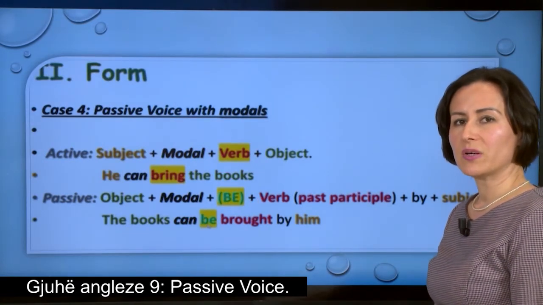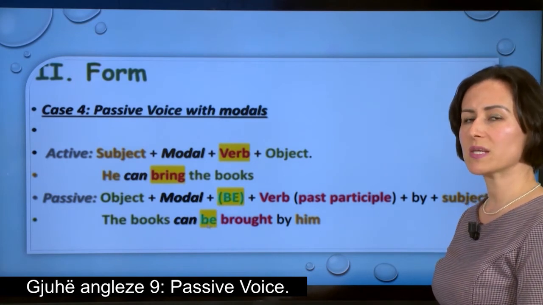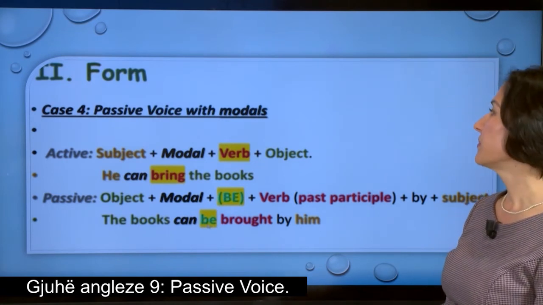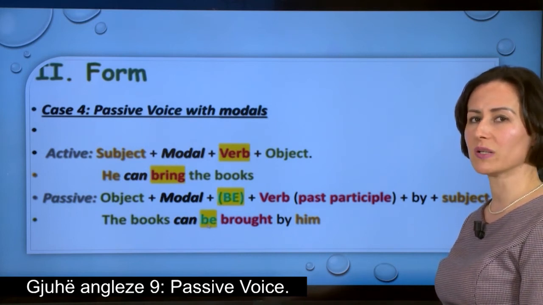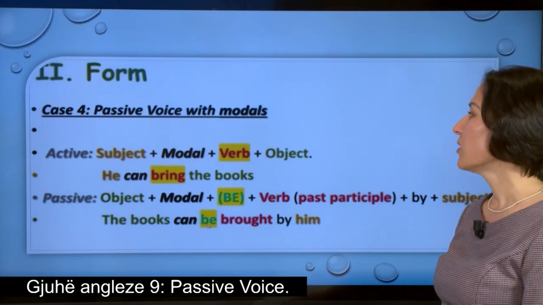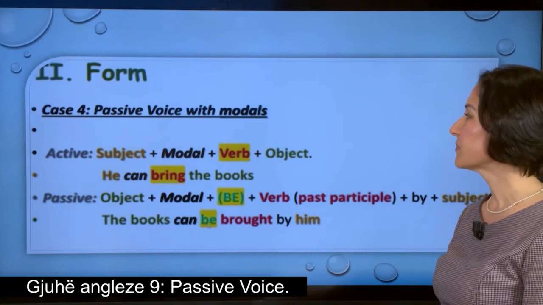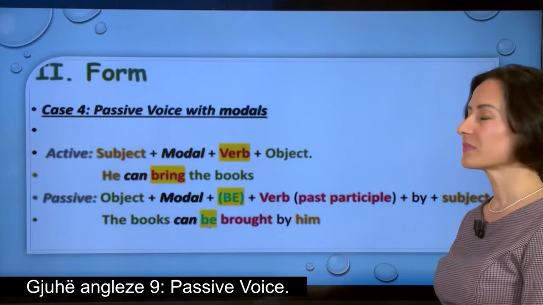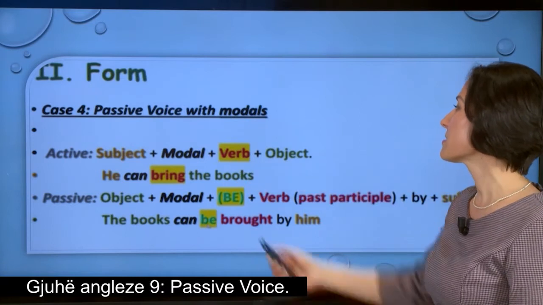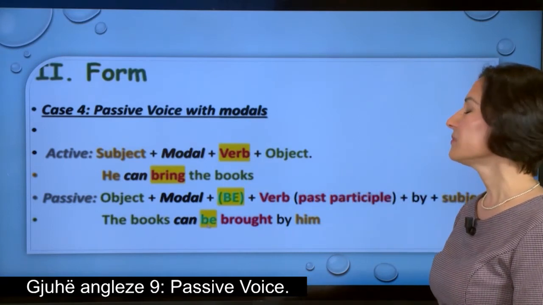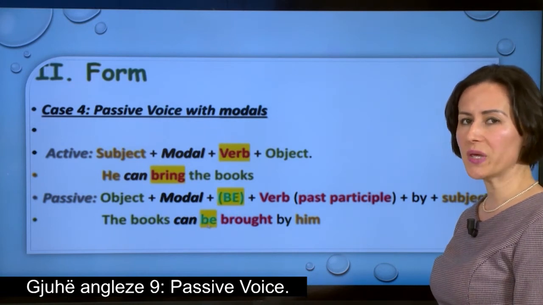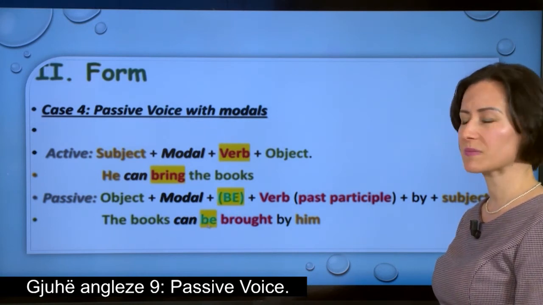Here we have another case of using the passive voice. Now, we may use it with modal verbs. We need to respect this scheme: subject plus modal plus verb plus object. For example, he can bring the books.